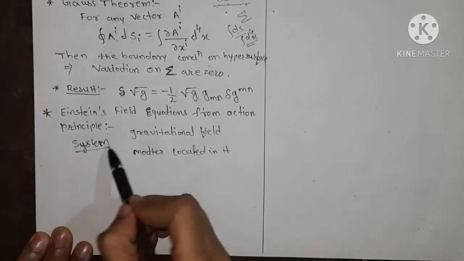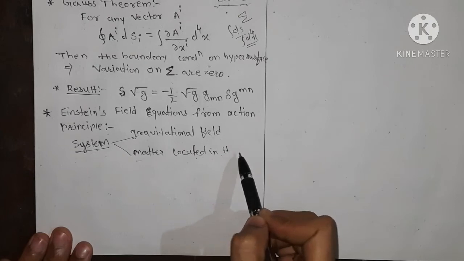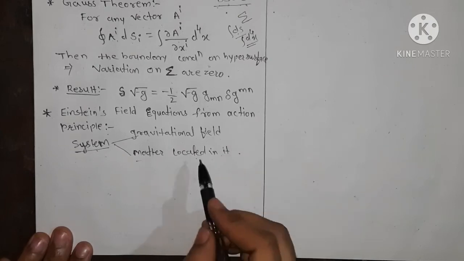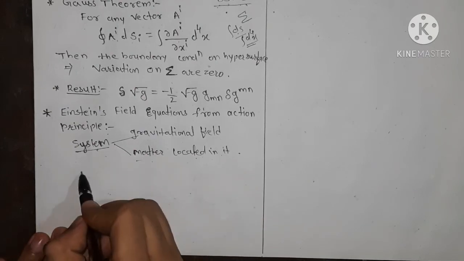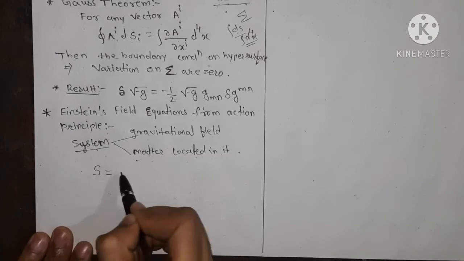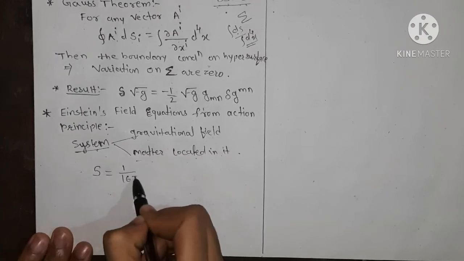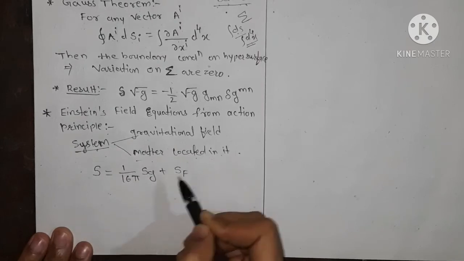That is, we consider a system which consists of the gravitational field and the matter located in it. We define the action on this system in two parts, since it consists of two parts, and we write S equals 1 upon 16 pi Sg plus Sf.